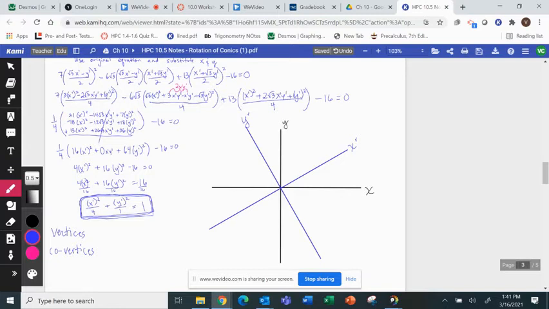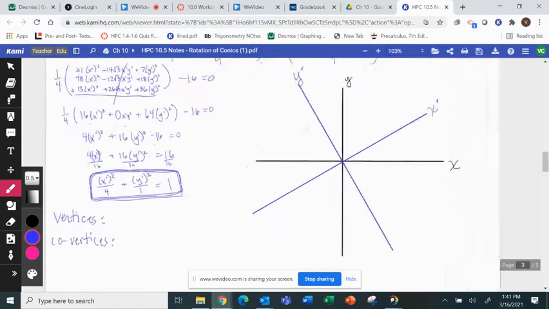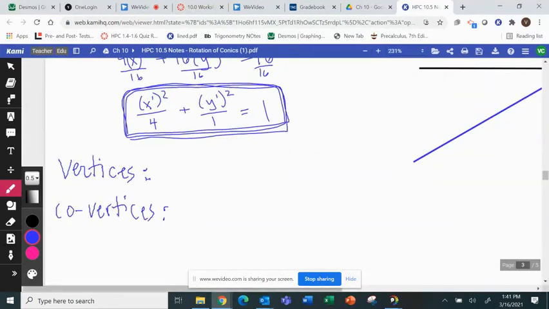Okay. So we can find our vertices and our co-vertices in the X prime, Y prime system. I'm keeping it blue because that's the system I'm using. So my vertices, I'm going to use A is 2 and B is 1. A is with the X's. Oh, where's our center?